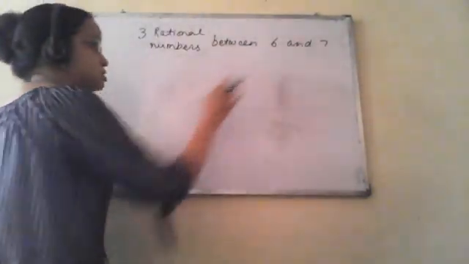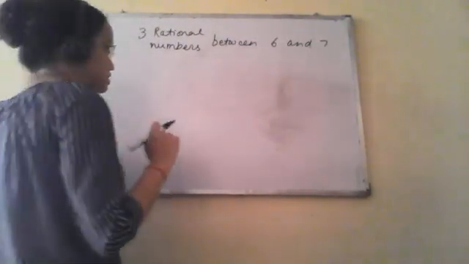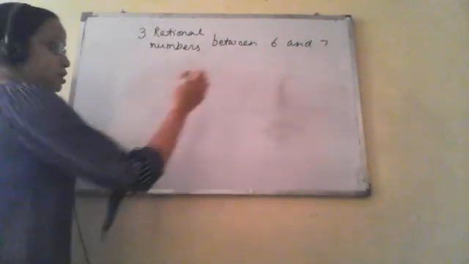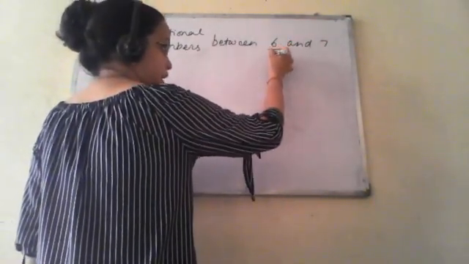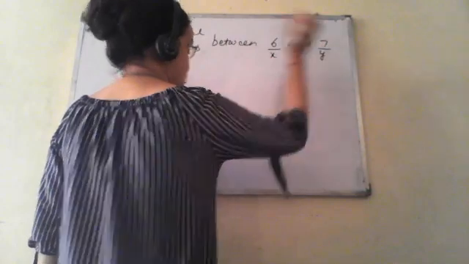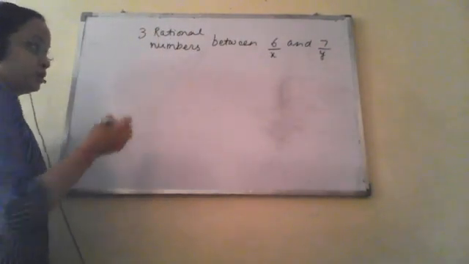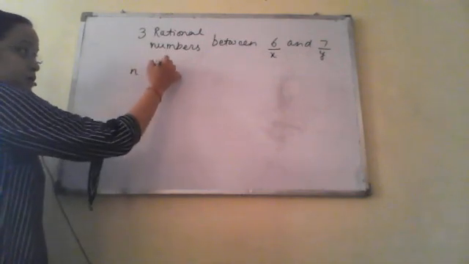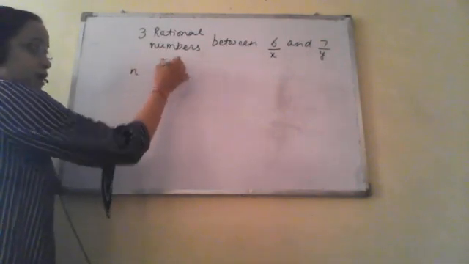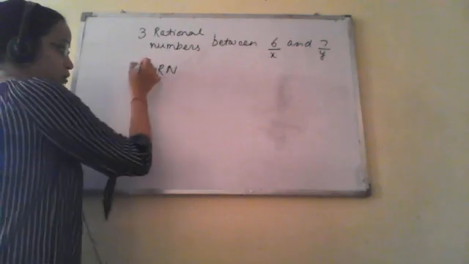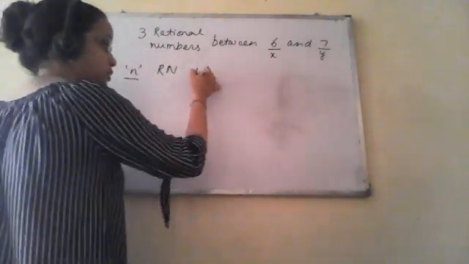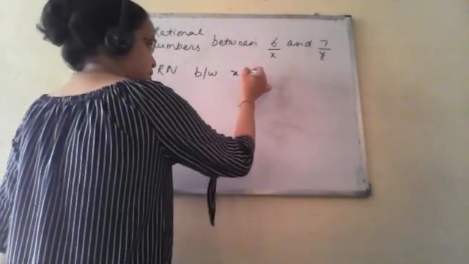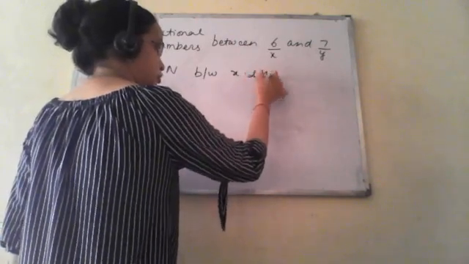So how do we insert rational numbers between 6 and 7? The first method: say we take 6 as x and 7 as y, and I have to find n rational numbers, writing Rn for rational numbers, between x and y.